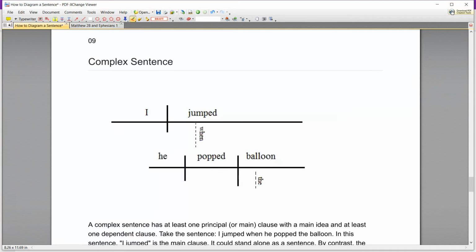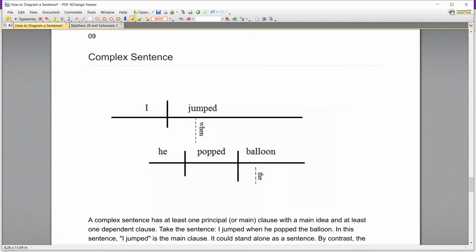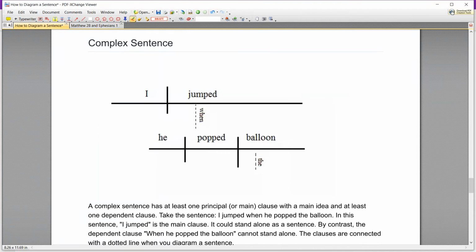And number 9, complex sentence. So, complex sentence, let's read it here. A complex sentence has at least one main clause with a main idea and at least one dependent clause. So main clause and dependent clause. So, I jumped when he popped the balloon. In this sentence, I jumped is the main clause because it could stand alone as a sentence.